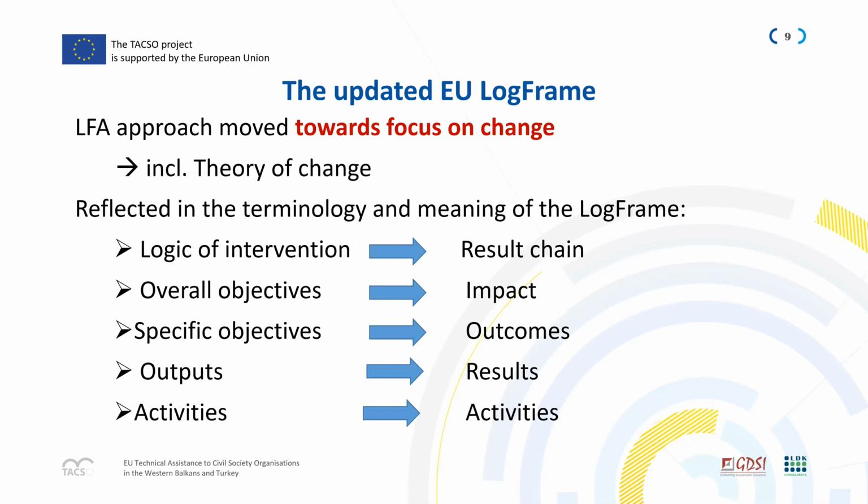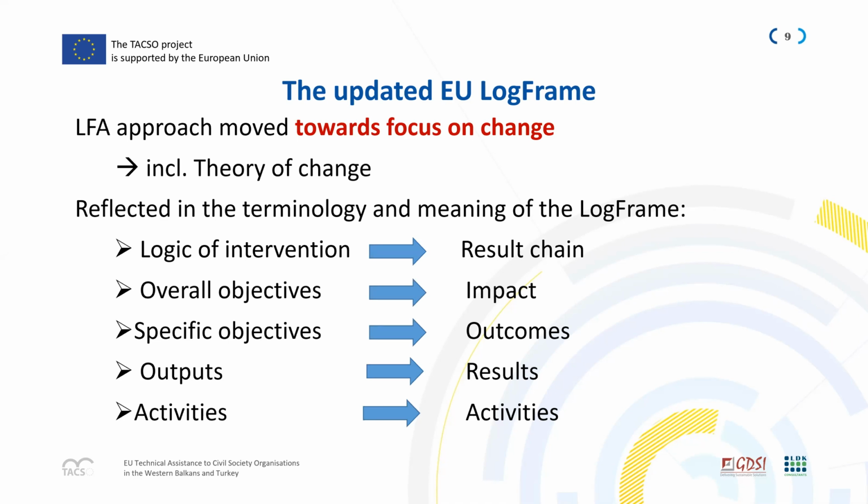So now, if we try to combine what has been said until now, how is that reflected in actual terminology? What is the terminology from the LogFrame that is now enriched with the terminology in relation to the theory of change?